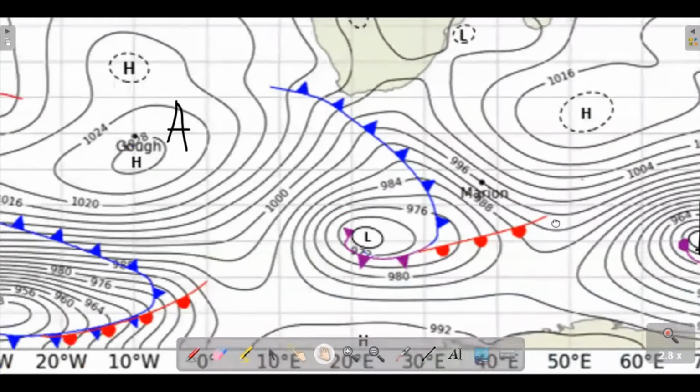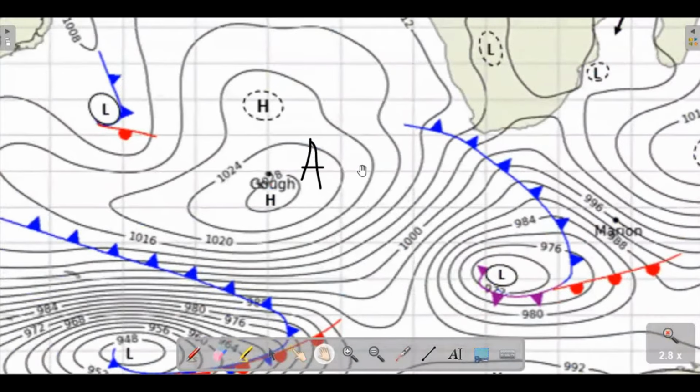And then at A, that is a gentle pressure gradient, because the isobars are far apart, as you can see, guys. And again, the isobaric interval goes from 1024 to 1028.